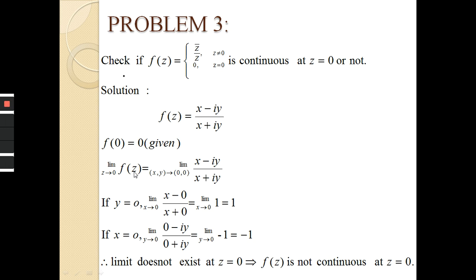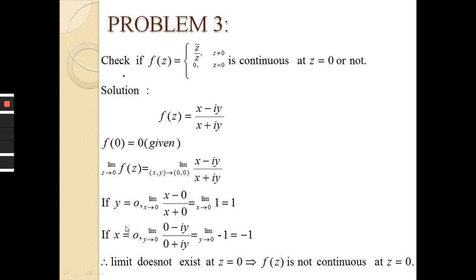Next, we find the limit of f(z) at z equal to 0. Limit z tends to 0, f(z) equals, in Cartesian form z equal to x plus iy, so we write limit (x, y) tends to (0, 0) of (x minus iy) by (x plus iy). On the real axis, we get the limit x tends to 0, (x minus 0) by (x plus 0), which is equal to 1.